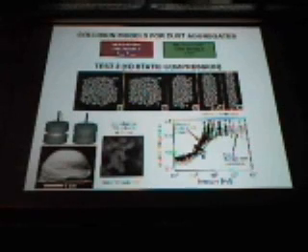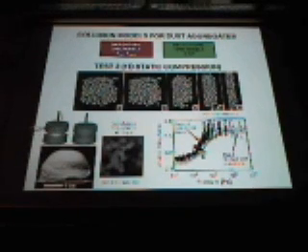That's the first test. The second test is the static compression. So what was done is a dust aggregate was placed in between, or glued on, a flat surface, and another surface was brought on top of that, and it was pressed in one dimension with a certain pressure.